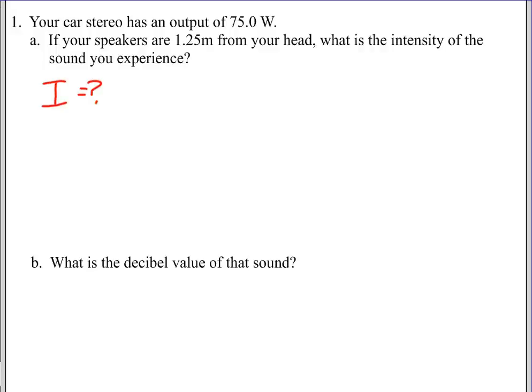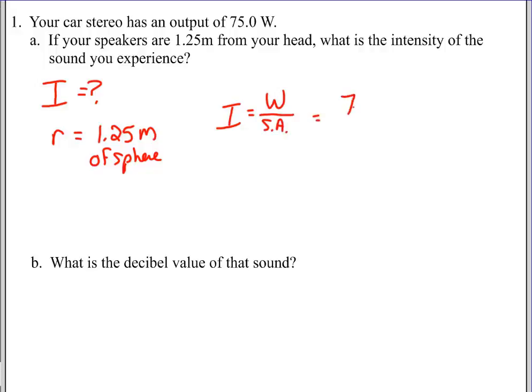First we have watts and we have a distance. So that's a radius. Remember, sound waves travel as expanding spheres. So that 1.25 meters is the distance from the sound source, and so that's going to be the radius of your sphere. So if I want the intensity, I'm going to use the equation watts over surface area.